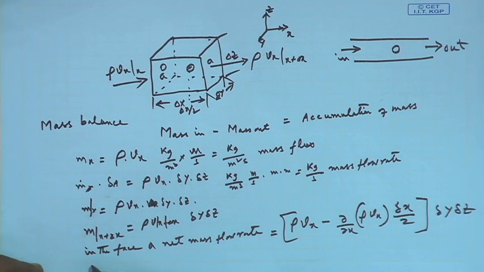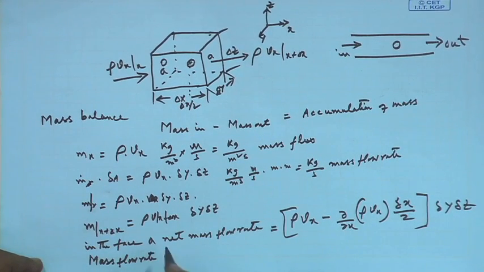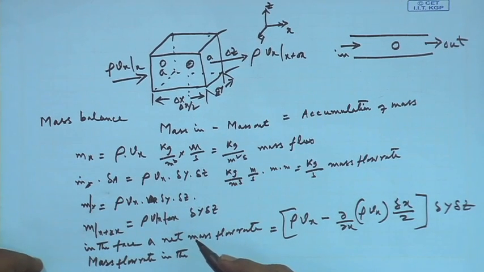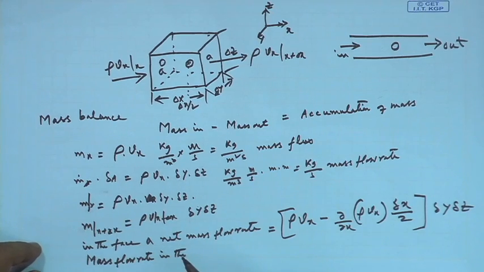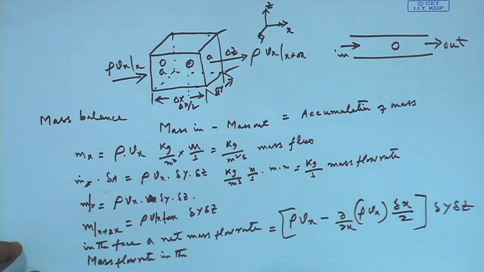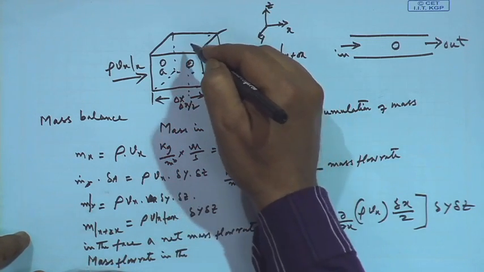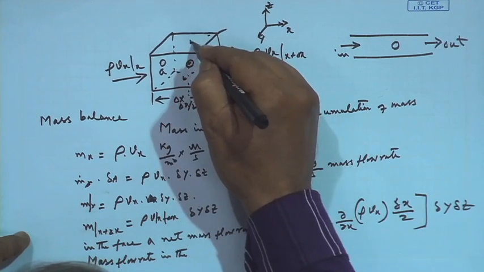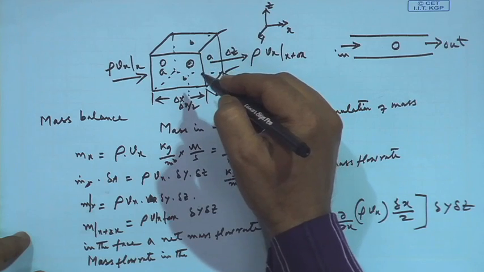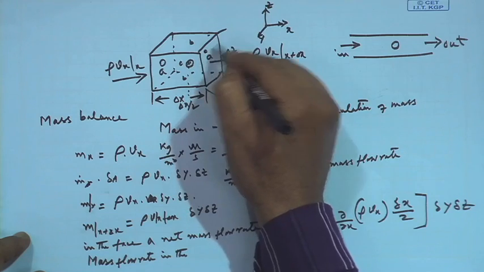Similarly, we can also write in the same way the mass flow rate in the face, say if it be B. So, this to be B, and the third one is that bottom, so this to be C, opposite to that to be C, right.